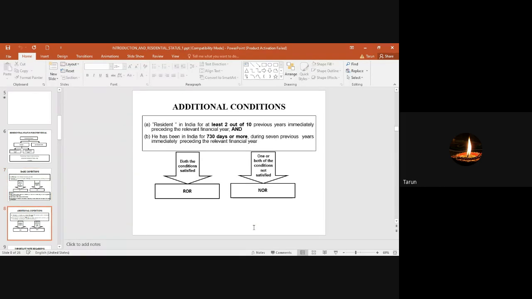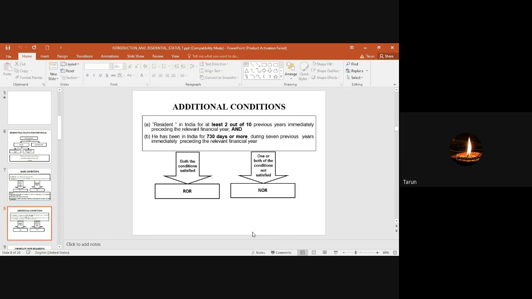Let's talk about now, in order to determine whether a resident is called an ordinary resident or a non-ordinary resident, these are the additional two conditions to fulfill. If both conditions are satisfied, a particular resident can become an ordinary resident as well. If both conditions are not satisfied, then he becomes a resident but called a non-ordinary resident of India, right?